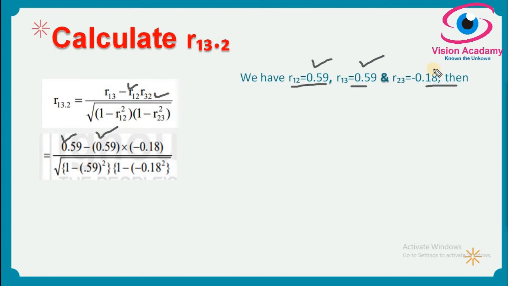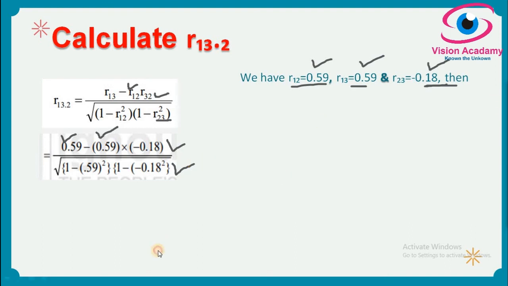R32 is here, 32 or 23, both are the same, minus 0.18. I have replaced that too, and in the denominator 1 minus R12 square. So R12 is 0.59 into 0.59, and here R23 square, so minus 0.18 into minus 0.18. I have replaced all the values.